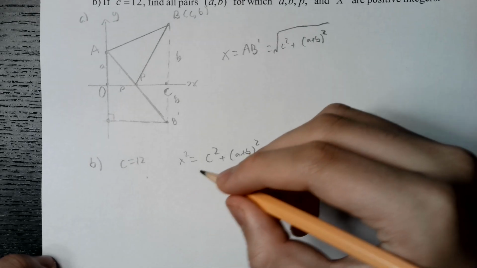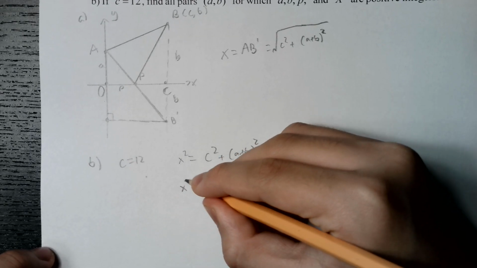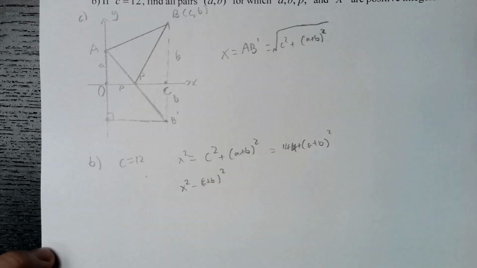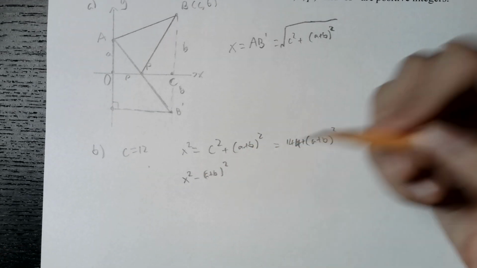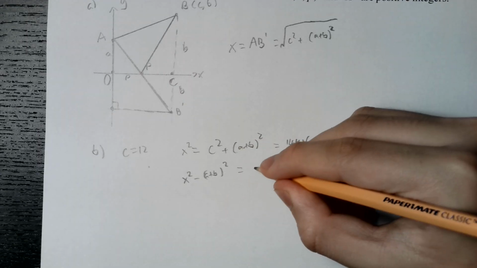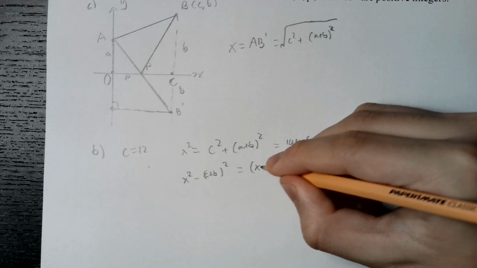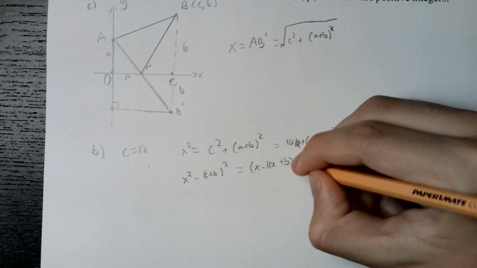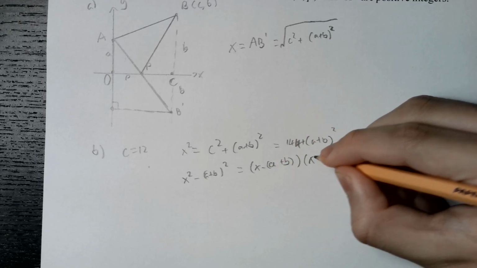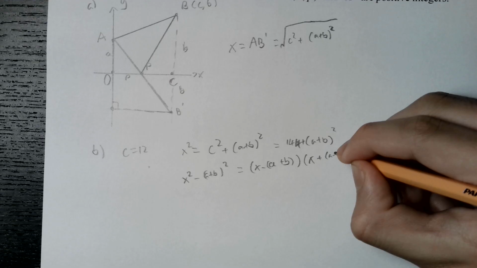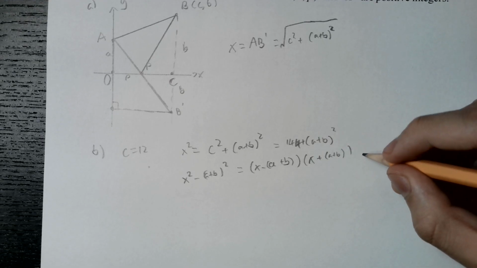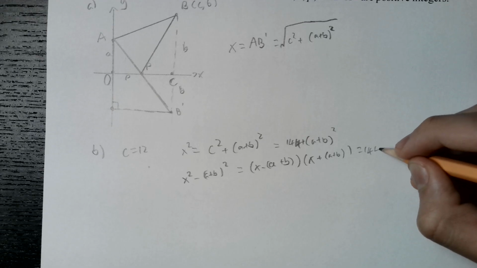Now, this is going to be equal to X squared minus (A plus B) squared. Obviously, this is in the form of X squared minus Y squared, so this is going to be equal to (X minus (A plus B)) times (X plus (A plus B)), equal to 144.